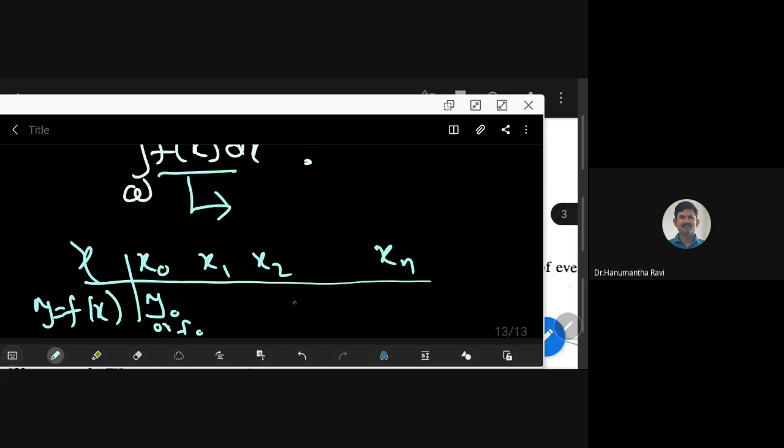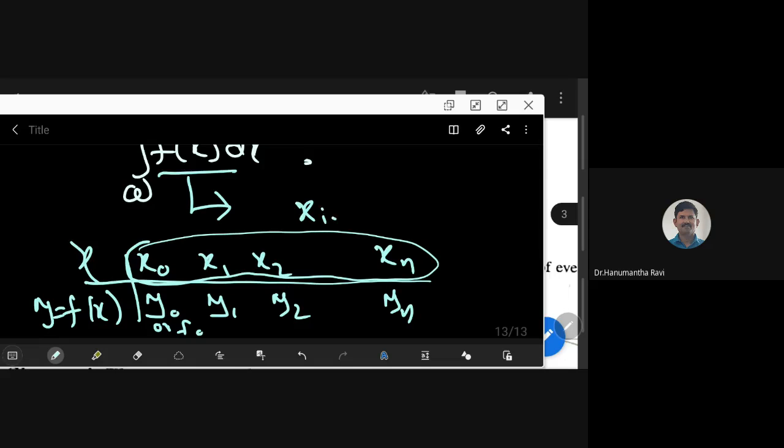There is nothing wrong in writing f0. Similarly, this is y1, y2, yn. Only thing you should note is that x(i plus 1) minus xi is the same, h.